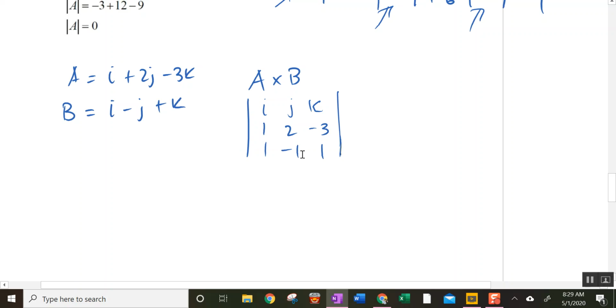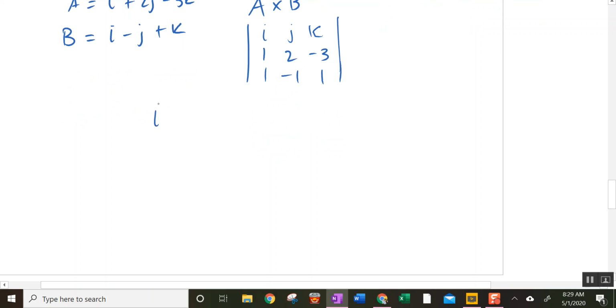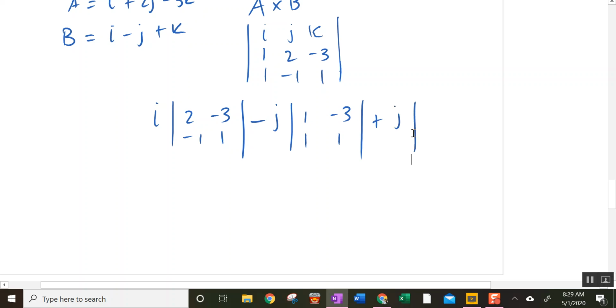And if I want to evaluate the determinant of this matrix, I'm going to use the top row, i times the determinant of 2, negative 3, negative 1, 1, minus, remember that the cofactor has a negative sign in that middle term, negative j times the determinant of, again, crossing out row and column, 1, negative 3, 1, 1, and plus k times the determinant of 1, 2, 1, negative 1.